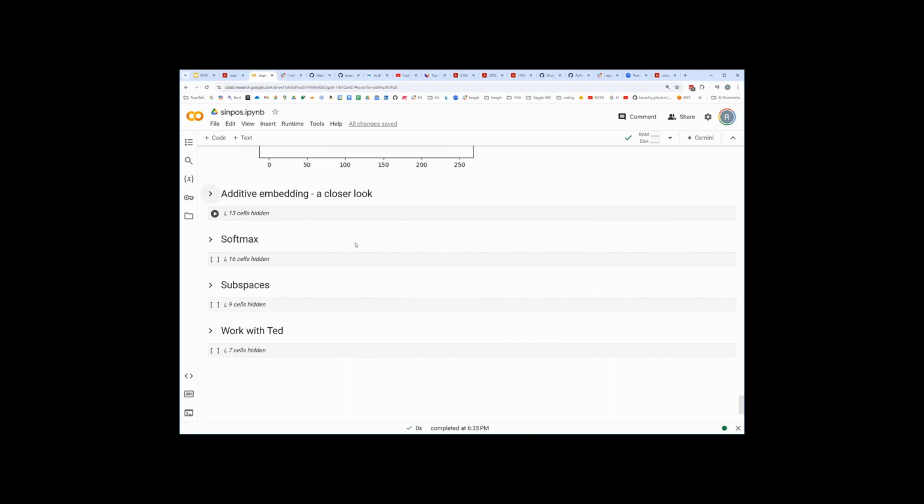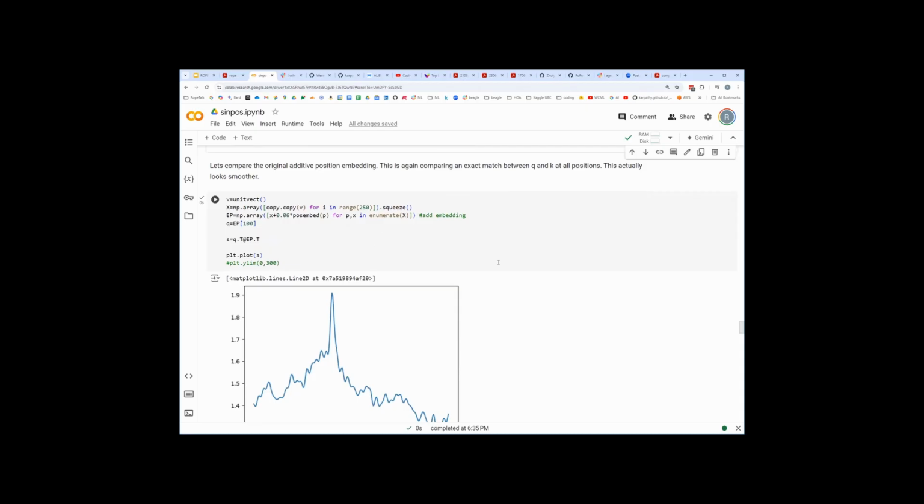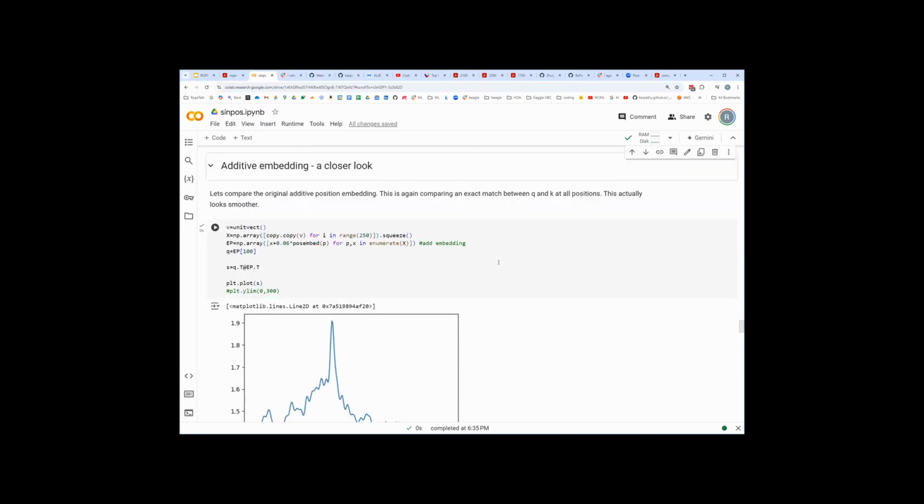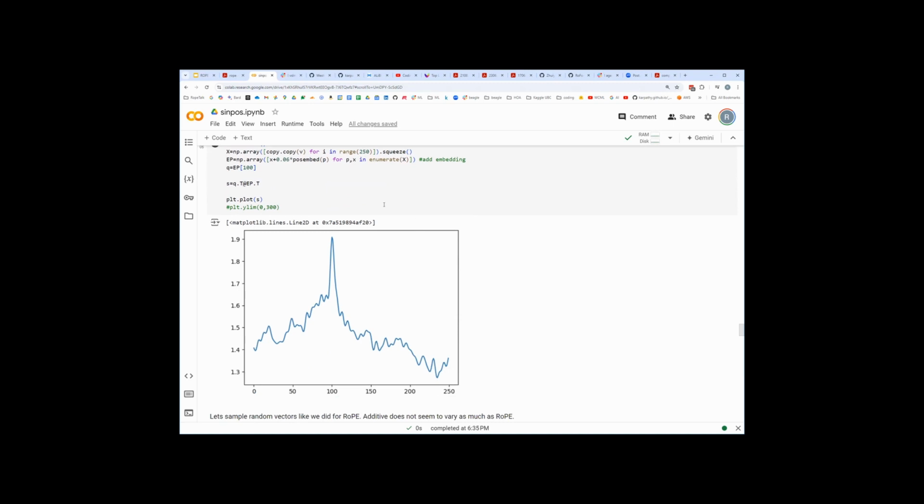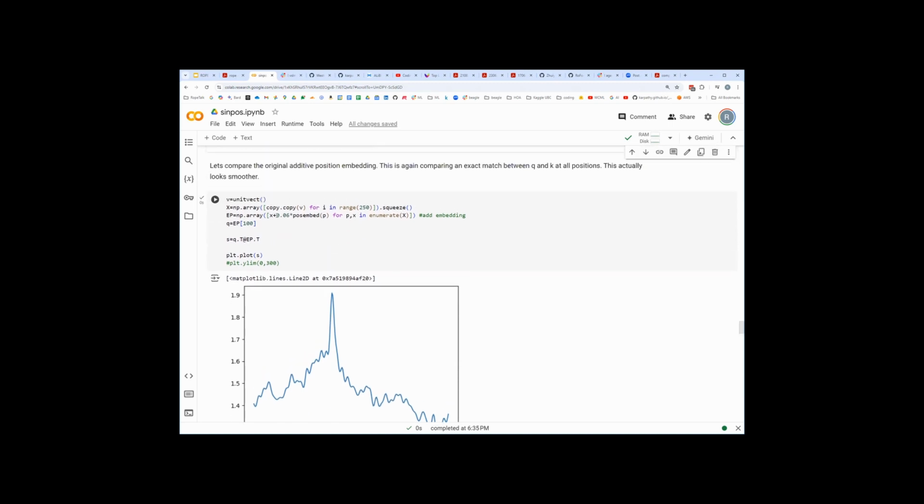Additive embedding. I don't recall if we did this, but I wanted to look at what was originally proposed in positional embedding, which is additive, it adds sines and cosines. So here, instead of multiplying it, we just add the position embedding.